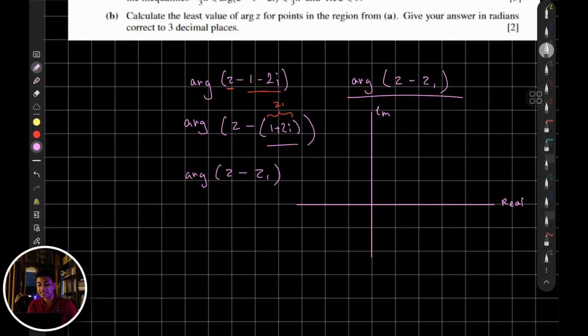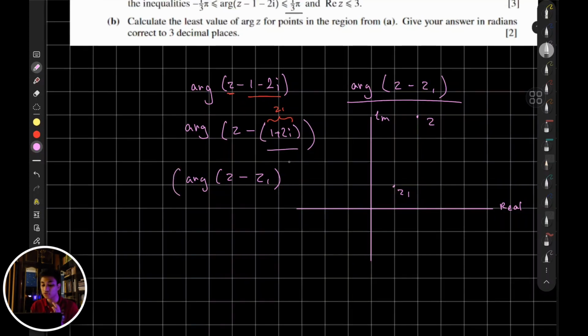So if I say z1 is a point over here and z is a point over here, both of these points are complex numbers. So they have a real coordinate on the x-axis and an imaginary coordinate on the y-axis. Let's say this is z1 and this is z.